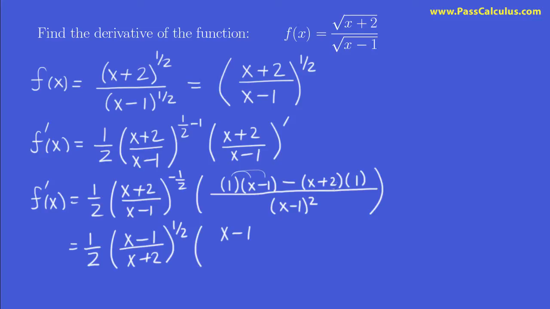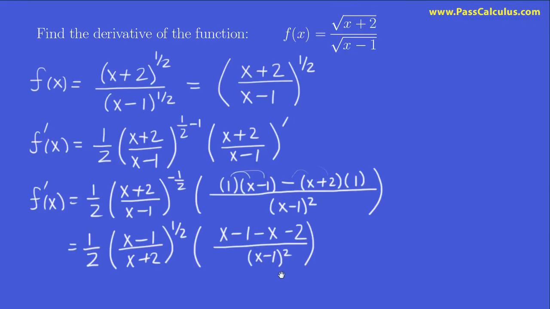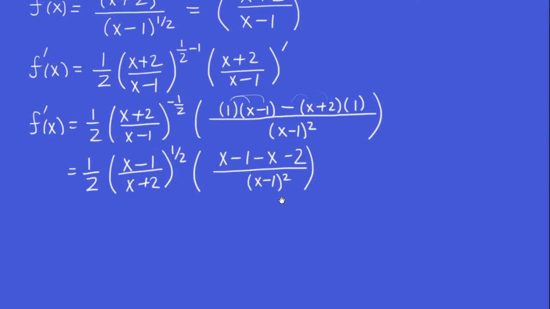This minus in front of the brackets, we'll distribute that across. So it'd be minus x minus 2. And the bottom stays the same. Now what's going to happen? Well, those x's cancel. And negative 1 minus 2 is negative 3. Let's clean that up.